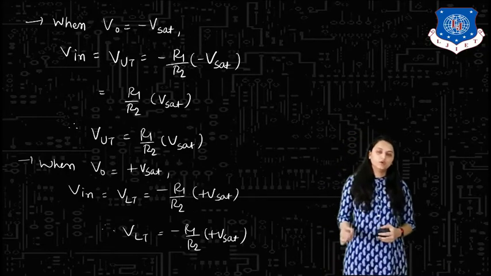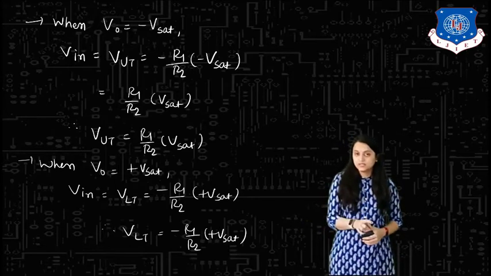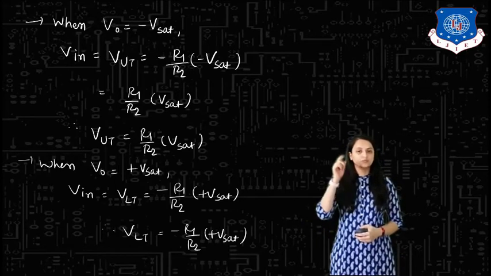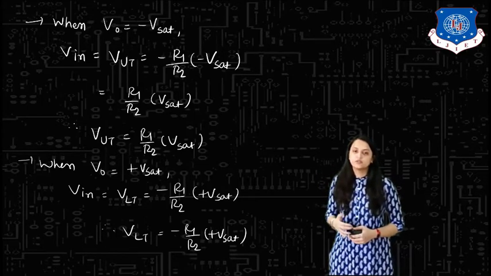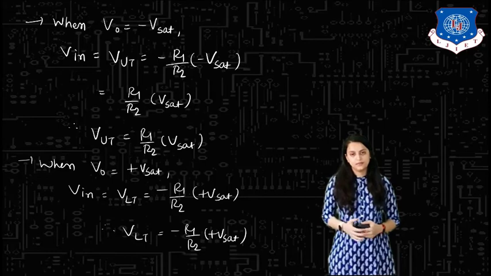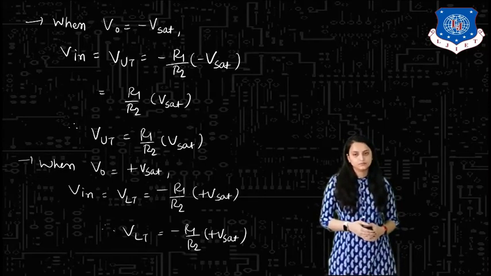So, when VO equals minus Vset, Vin equals VUT, the upper threshold voltage, that is equal to minus R1 by R2 into minus Vset, which equals R1 by R2 into Vset. So VUT equals R1 by R2 into Vset.